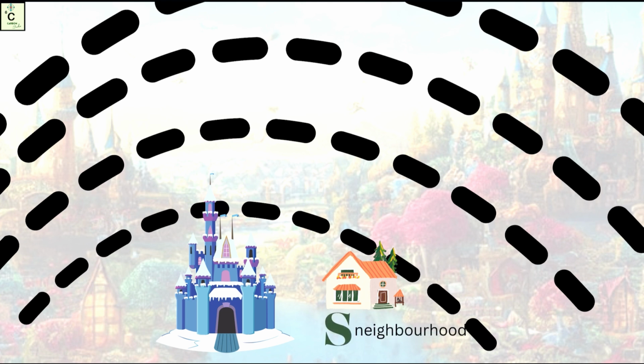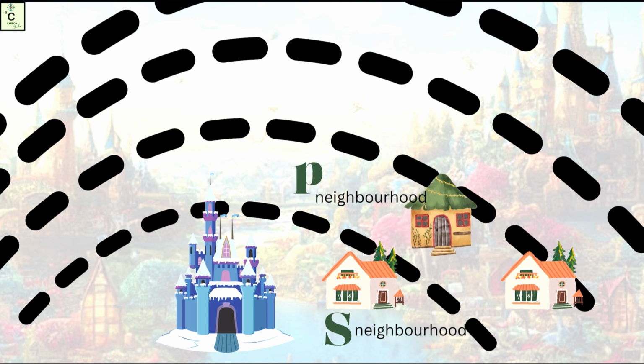Within each district, there were different types of neighborhoods where the electrons could live. In the area closest to the nucleus, there was the S neighborhood. Moving slightly away to the second area, or n equals 2, we had the same S neighborhood, and there was an additional neighborhood called the P neighborhood.